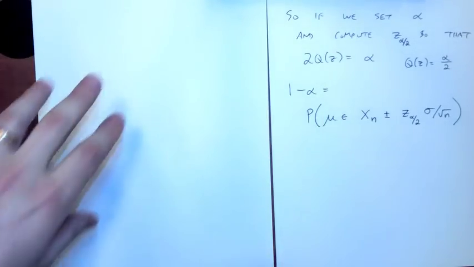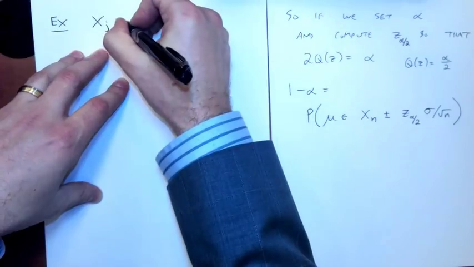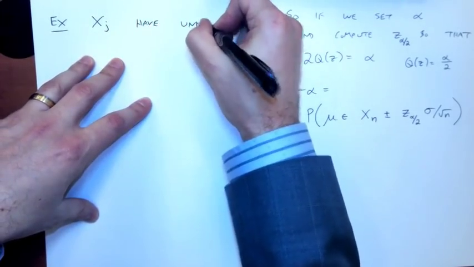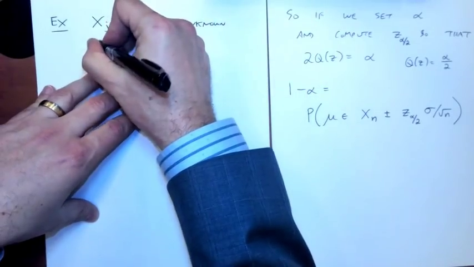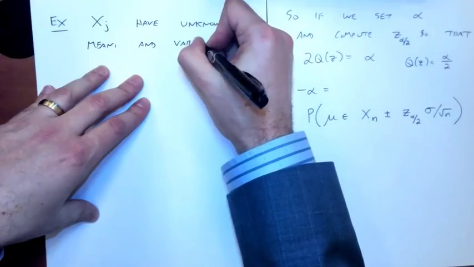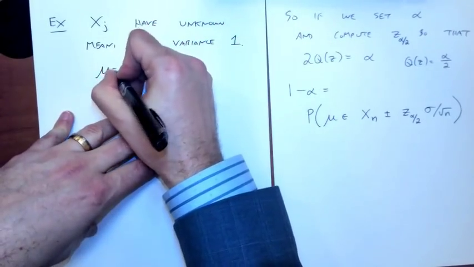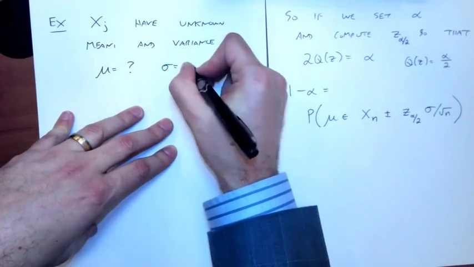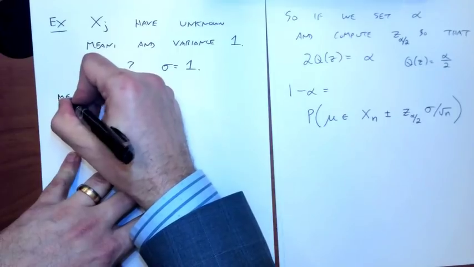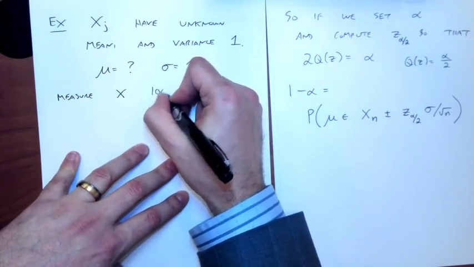So let me do an example to crank this through, okay? Example. Let's suppose that my random variables have unknown mean, and I happen to know that the variance is equal to 1. So my mean is not known, my sigma is equal to 1, okay? And now I measure x 100 times.